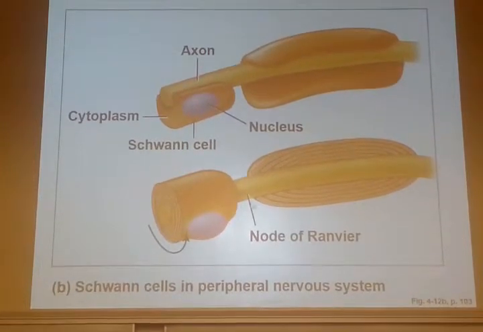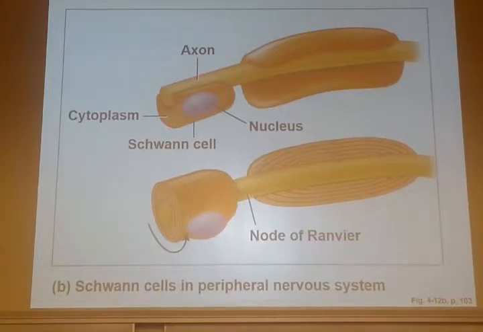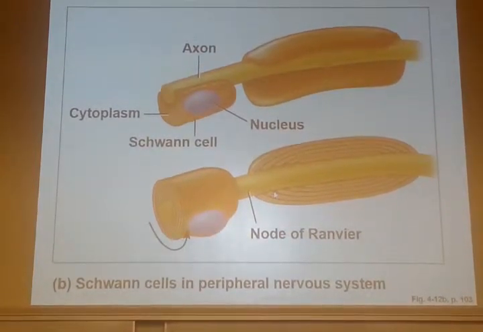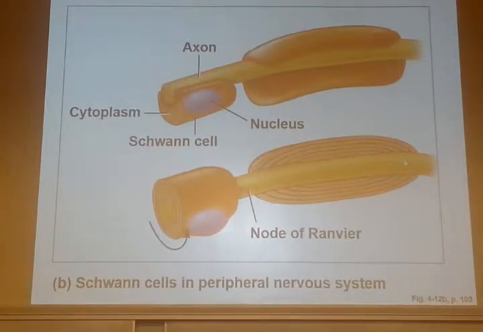The voltage-gated sodium and potassium channels will be located at the nodes of Ranvier. There will be very little under the myelin. You don't have access to the extracellular fluid under the myelin anyway, so don't put very many voltage-gated channels there.